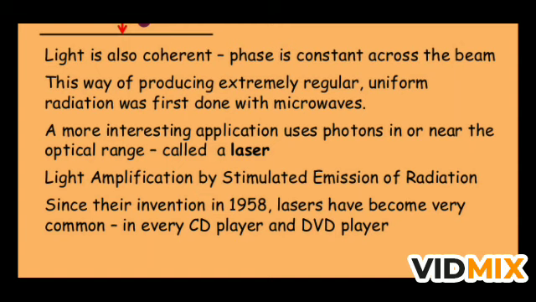Since their invention in 1958, lasers have become very common, in every CD player and DVD player. About the laser we discussed in the previous video in polarization also, and in the topic of interference, the coherent source, when I told you that extremely monochromatic coherent sources are laser light.